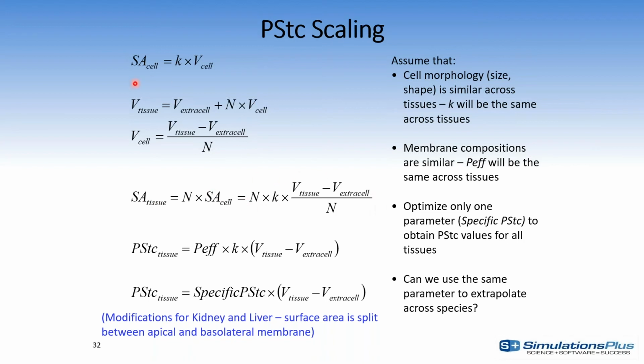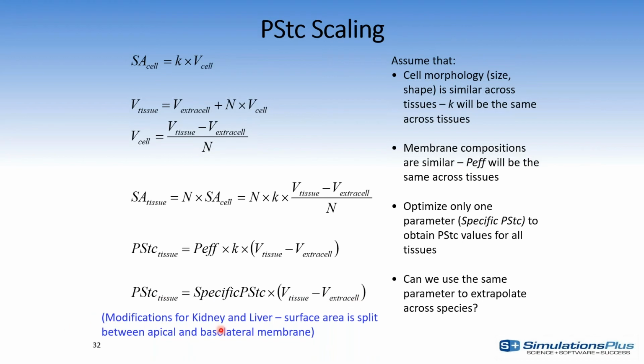Combining the equations above, we reach this equation. The PStc value is the permeability times the surface area, so you have permeability times the surface area that we calculated above. Combining the first two terms and calling it specific PStc, we can see that this value is calculated from the PStc of that tissue divided by the cell volume.